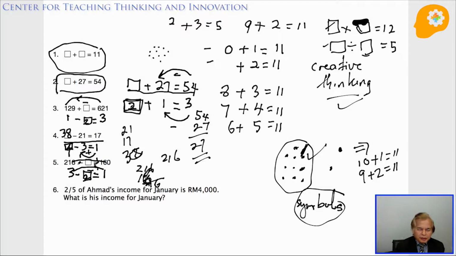So here 216 minus 160. So you minus, you get 0, 6 here, you get 5 here. Okay, so you put 56. So after they put 56, ask him whether 216 minus 56 will give you 160, for example. So you question him. Depends whether your daughter or your son. If it is your son, question him. Is it true that 216 minus 56 equals 160?